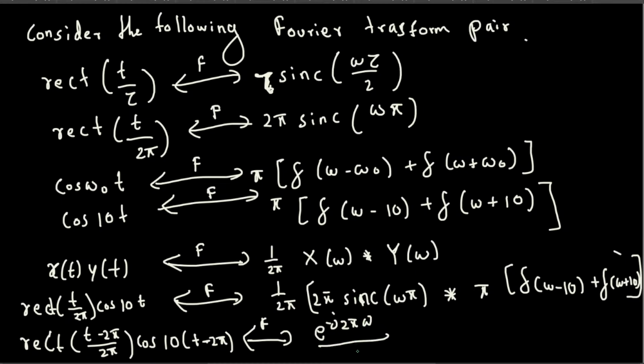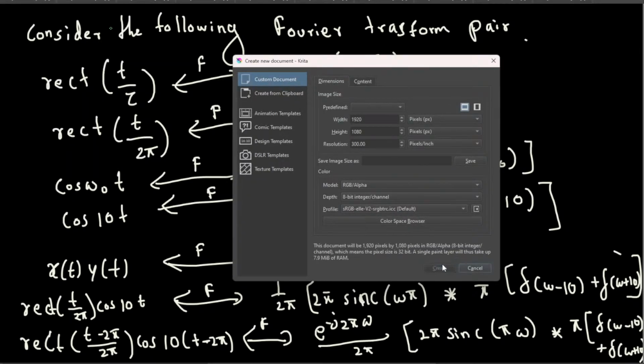So the bottom part is 2π here, and this is 2π sinc(πω), convolved with π[δ(ω − 10) + δ(ω + 10)]. I'm going to go to the next page and simplify this.